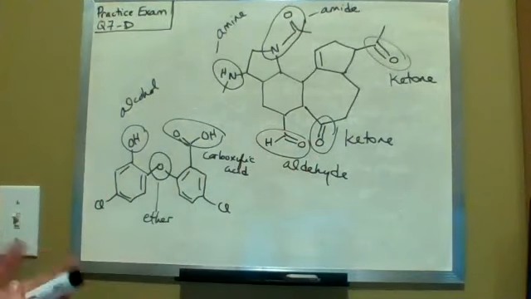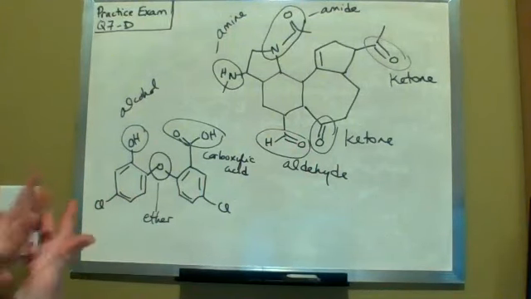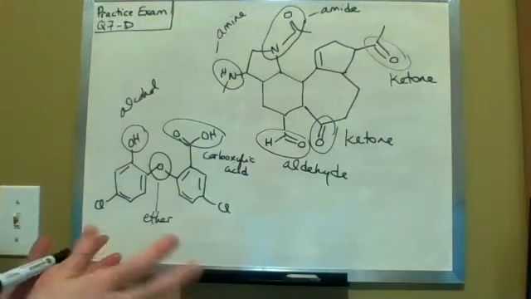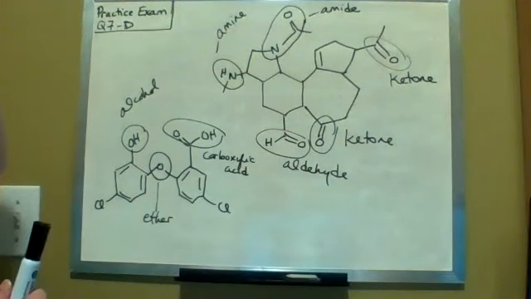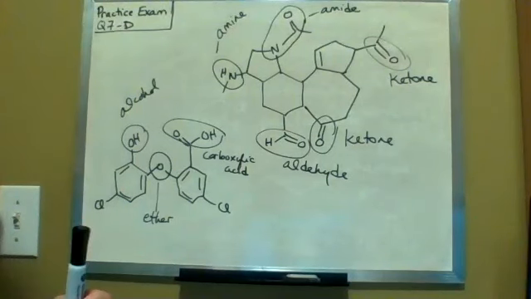Now, some other interesting features of this that did not get brought up in this particular question, but I think you should be aware of, are chiral centers. So you're looking for that carbon atom where the mirror image of itself would not be superimposable. That's really hard to picture, but what you're looking for really is just a carbon atom that is bound to 4 different things.